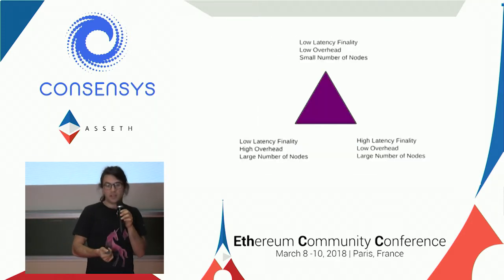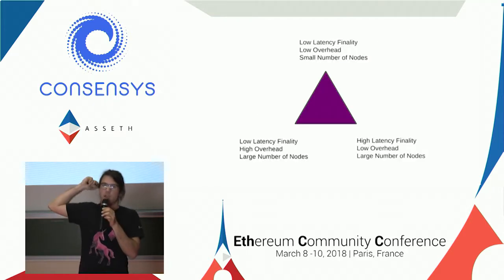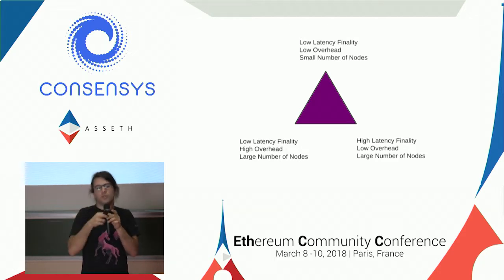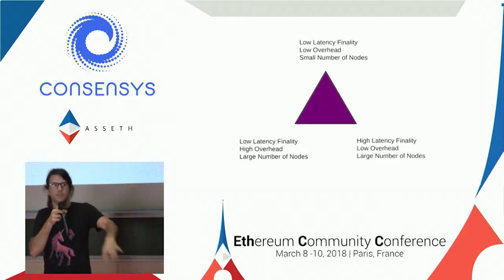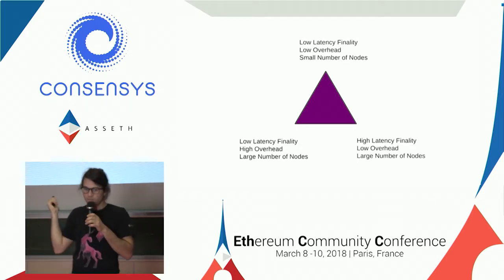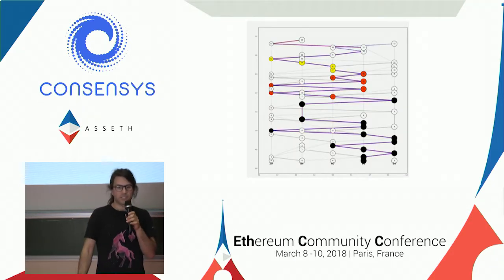So basically, my next claim is that we can explore the whole trade-off triangle with different DAG structures of these protocol messages, and I think that's pretty cool. All I can really offer you for that in terms of visualization right now is this. It's kind of a random one.